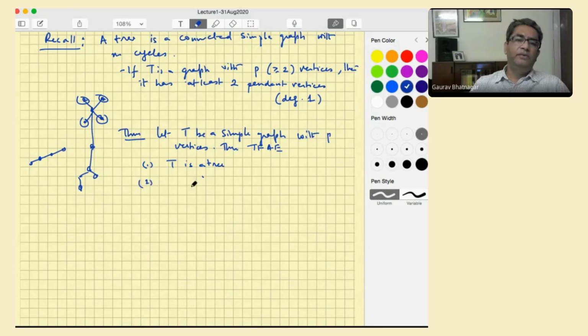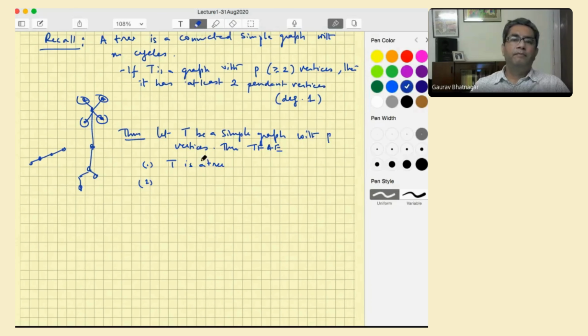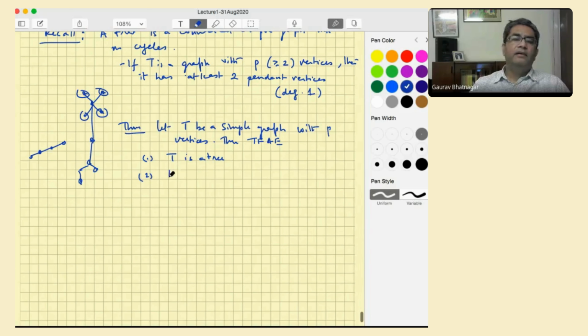Two: T has P minus 1 edges and no cycles.